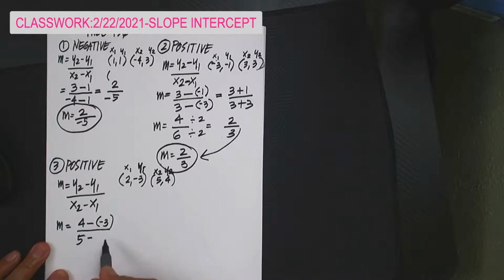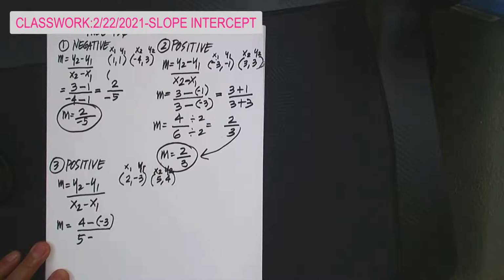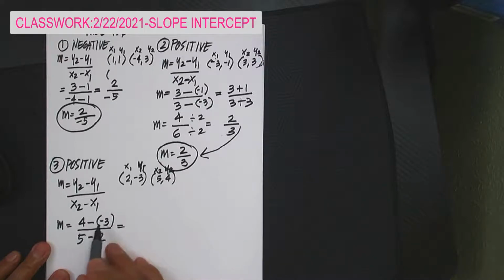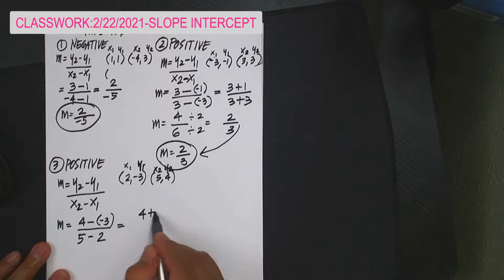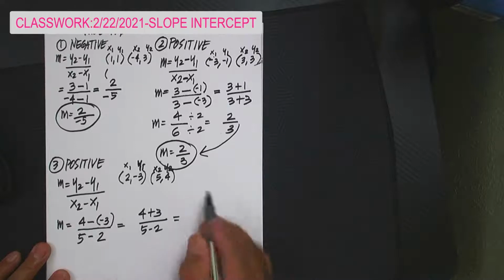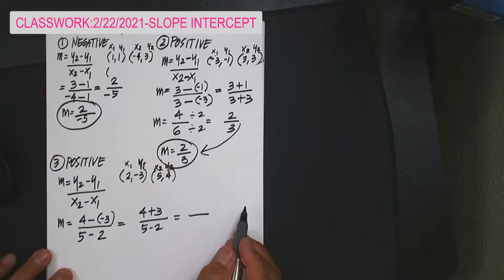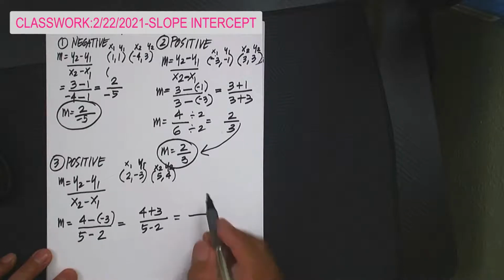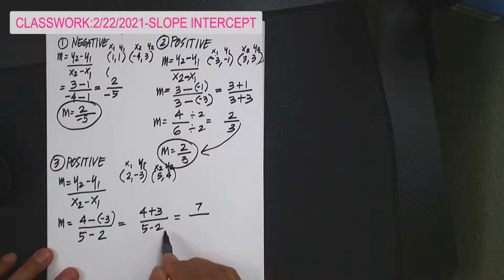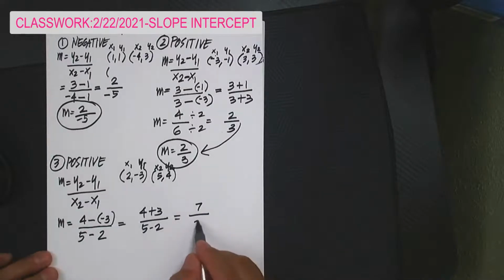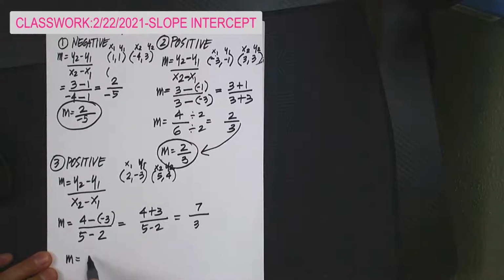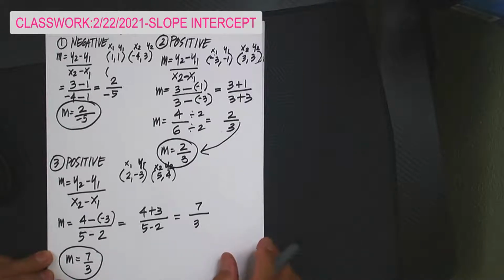Minus, what is your x1? Now remember the rule. If they have double negative, you have to change that to plus. So you ended up with 4 plus 3 over 5 take away 2. So that is what? 4 plus 3 is 7. 5 take away 2 is 3. So therefore, your slope is what? Very good.